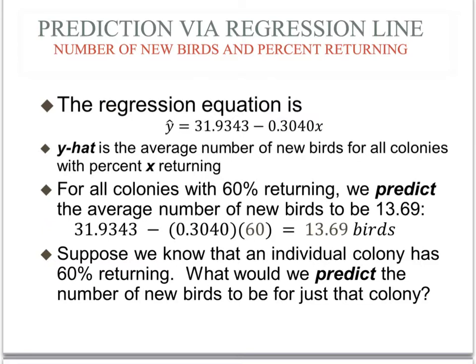We get that by plugging in 60 for x. So if we know that an individual colony has 60% returning, we're going to predict the number of new birds based on this average number of new birds, 13.69. So we could predict, you can't have 0.69 of a bird, so you might predict that you would have 14 new birds in just that colony.